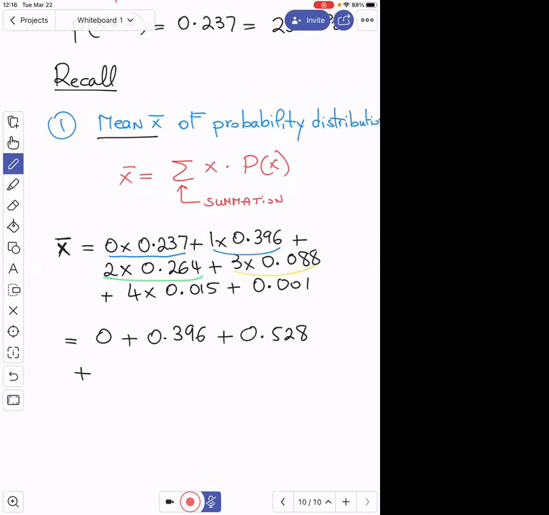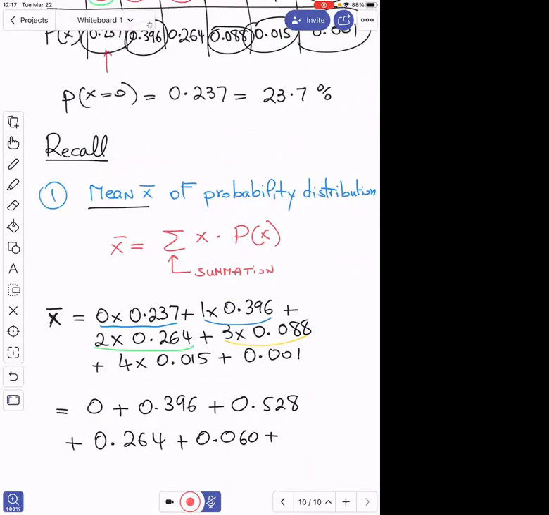Then next you have 3 times 0.088, so that's 0.264, plus 4 times 0.015, that's 0.06, plus, oh, I forgot to multiply.